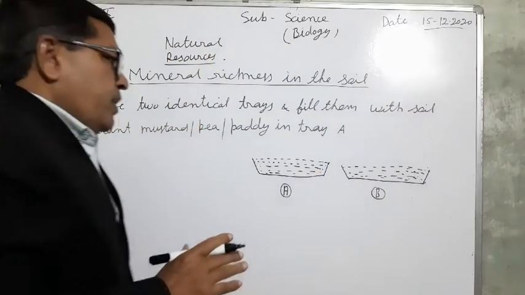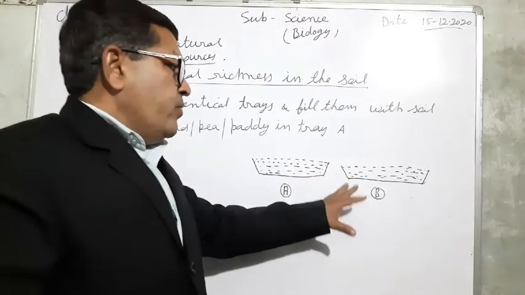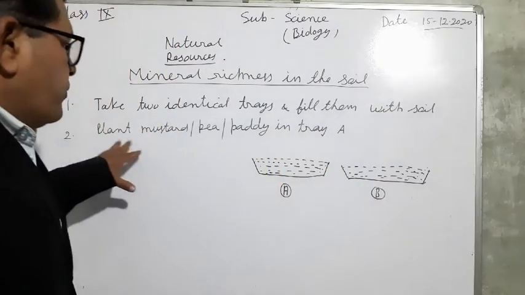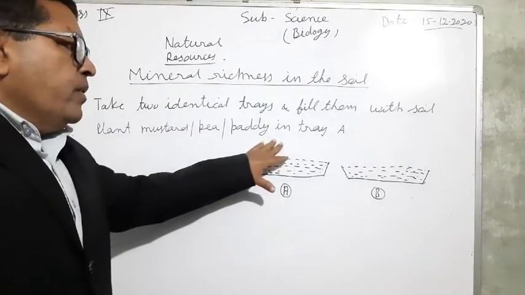You can choose either A or B. In one tray you have to plant the mustard, pea or paddy.